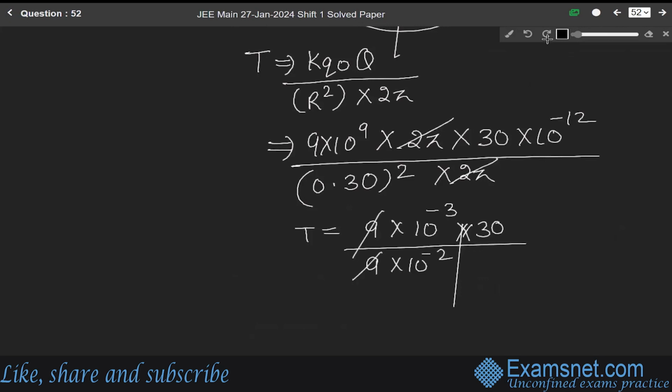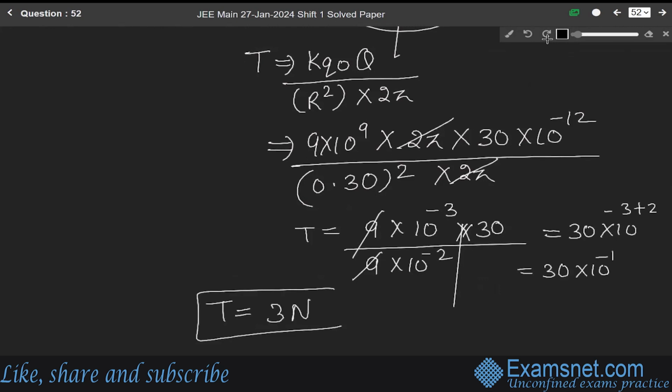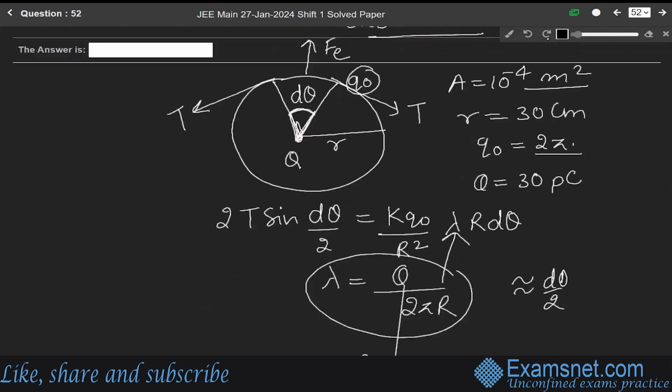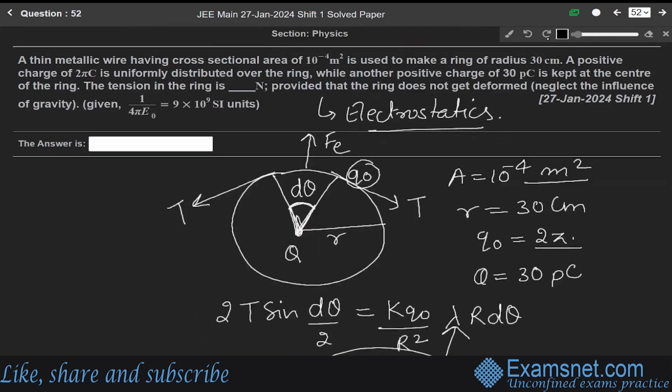So 9 cancels out. It will become 30 into 10 to the power minus 3 plus 2, which equals 30 into 10 to the power minus 1. So T will be equal to 3 Newton. So the tension in the ring is 3 Newton.